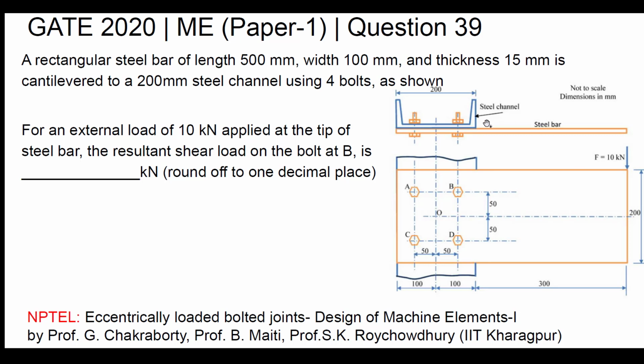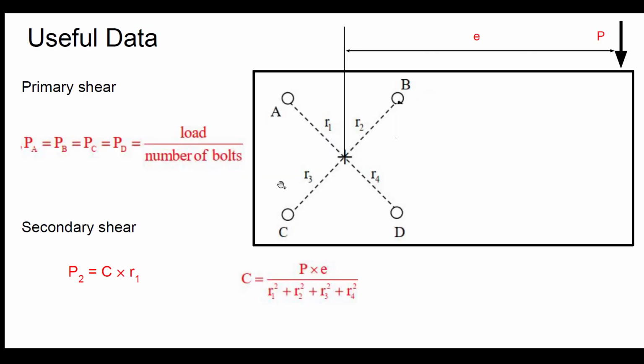This is the system given with all the dimensions and eccentricity. Before solving the problem, let's see this. If you have a system like this with eccentricity E and load P, with ABCD being the bolts and this being the radius from the centroid, you will get two types of shear force.